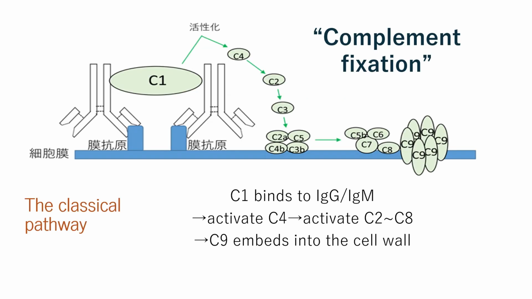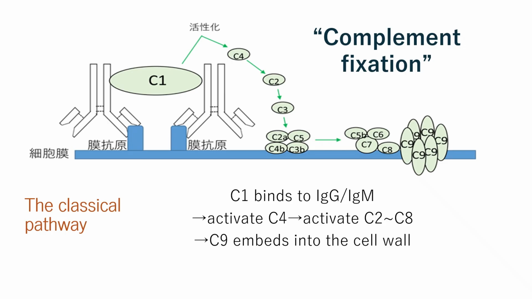In the classical pathway, antibodies IgG or IgM bind to antigens on the membranes of invading bacteria or cells, forming immune complexes. Complement component 1, C1, then binds to these antibodies, leading to C1 activation. Activated C1 subsequently activates complement C4, followed by sequential activation of other complement components from C2 to C8.